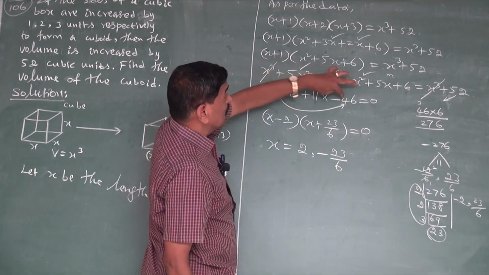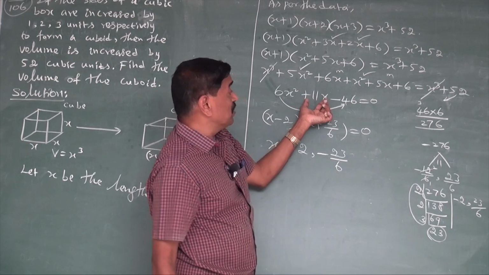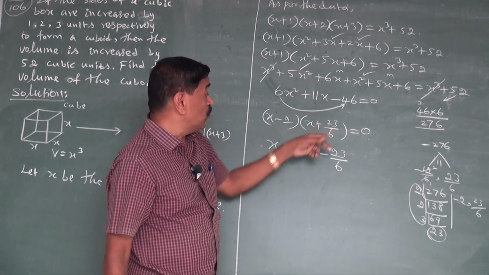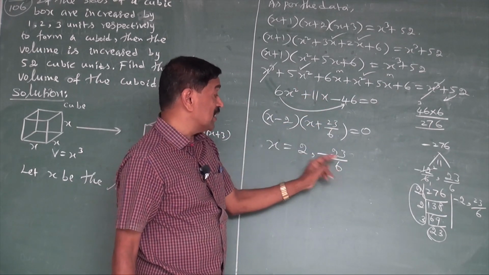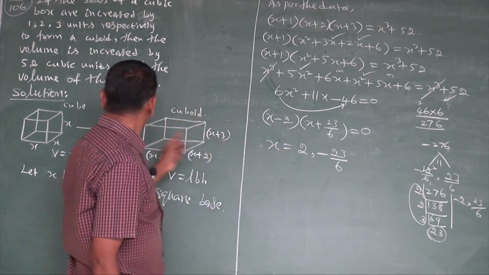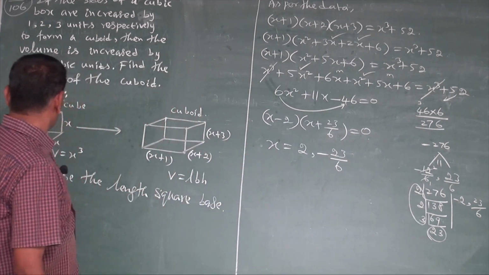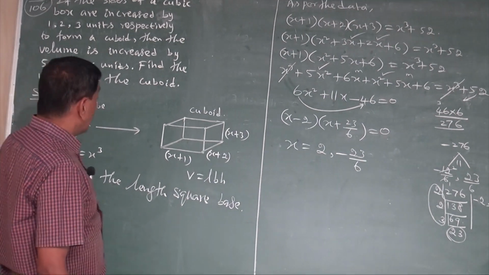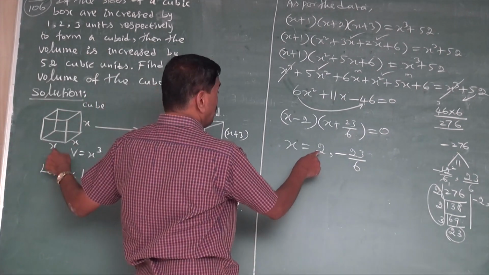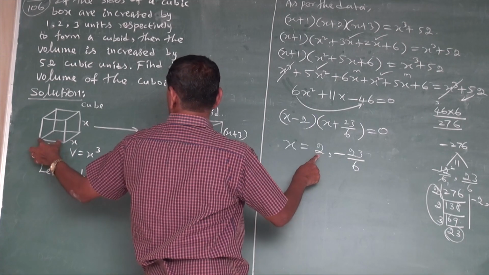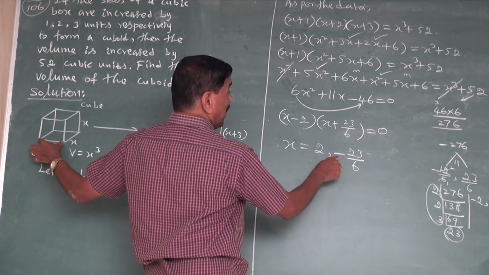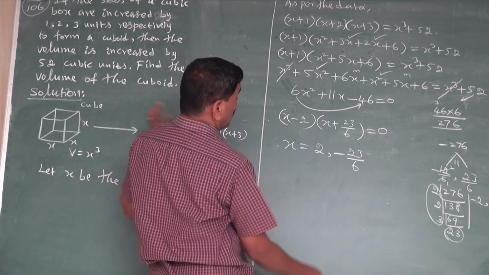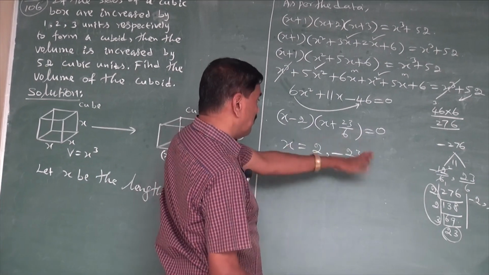Now this is a quadratic equation and it has two roots: 2 and minus 23 by 6. But x is the length of the side of the cube, so length can never be negative. Here x equal to plus 2 is possible, but a side length of the cube equal to minus 23 by 6 is not possible, because length can never be negative.